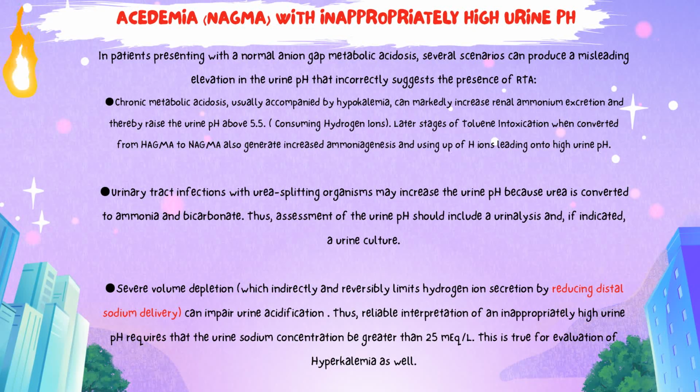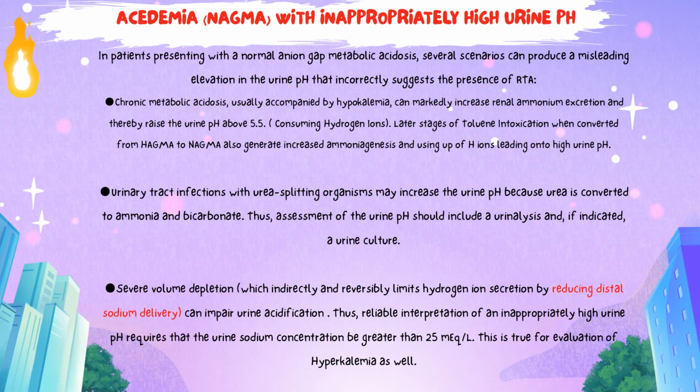Renal tubular acidosis type 1 was one. Chronic metabolic acidosis due to any cause, in this context chronic diarrhea, causes a higher urinary pH. We've looked at the mechanisms. They are different, but both result in inappropriately higher urinary pH, and so does toluene related NAGMA.